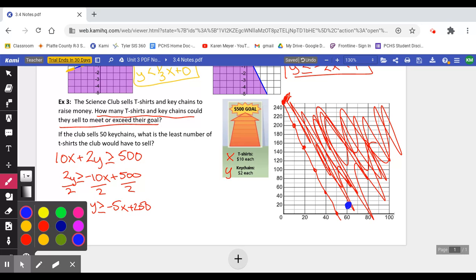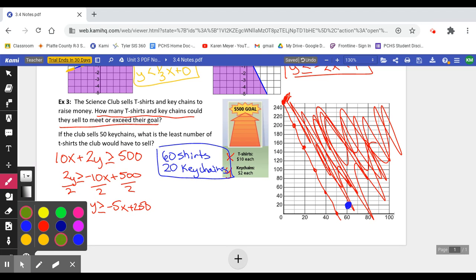So remember, X is t-shirts. So I'm going to say 60 shirts. And then go across, Y is 20 keychains. So remember, to be a solution, it must be in the shaded region.